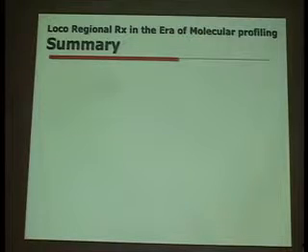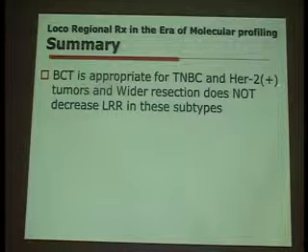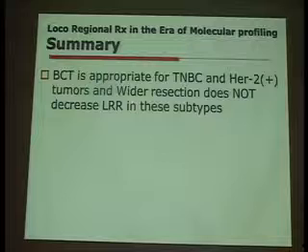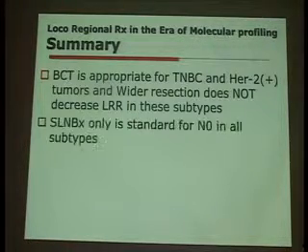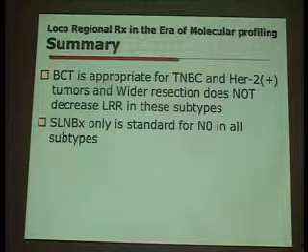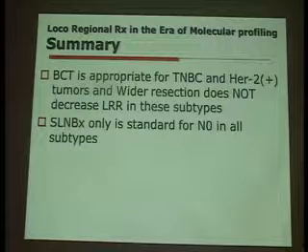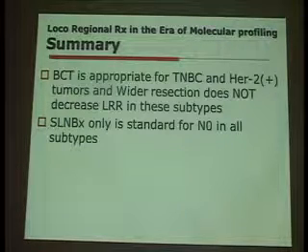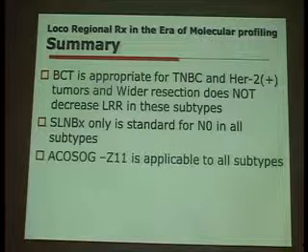So in summary, I would like you to leave with this comment that breast conservation is more than appropriate for triple negative and HER2 positive tumors, and that the resection does not decrease local recurrence in these subtypes. Sentinel node biopsy only is the way to go for all tumors that are clinically node negative, and once you do the sentinel node biopsy, you prove them negative, that's all you need to do, and you should feel comfortable not completely dissecting the axilla.